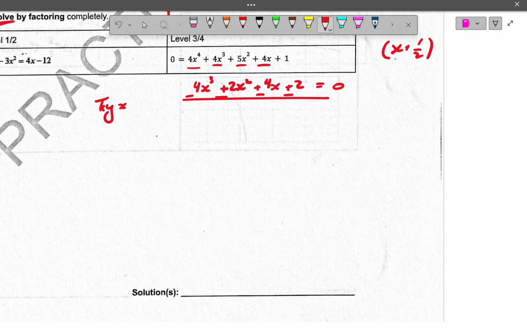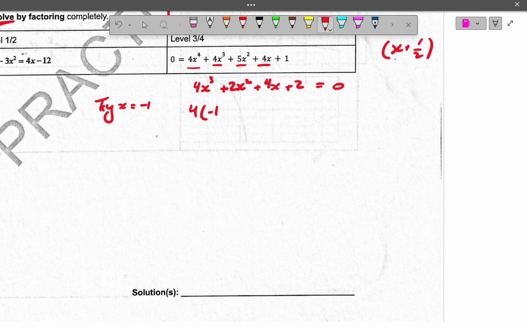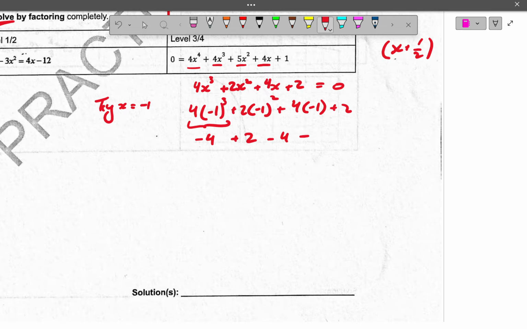So I'm going to try x equals negative 1. So 4 times negative 1 cubed, plus 2 times negative 1 squared, plus 4 times negative 1 plus 2. This first one's going to be negative 4, plus 2, minus 4, plus 2, which is not equal to 0. So I have to try again.